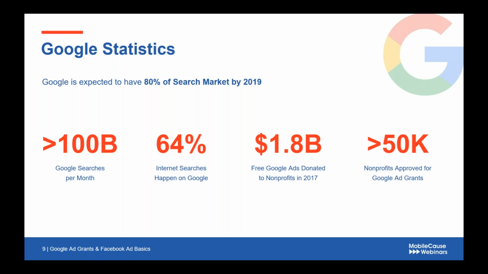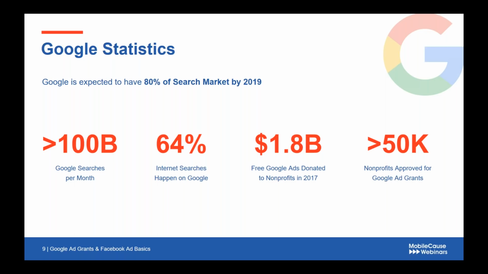And when people search something on the internet, it's estimated that 80% of those searches will be on Google by 2019. Currently, there are over 100 billion searches on Google every single month, and over 64% of internet searches are already happening on Google today.